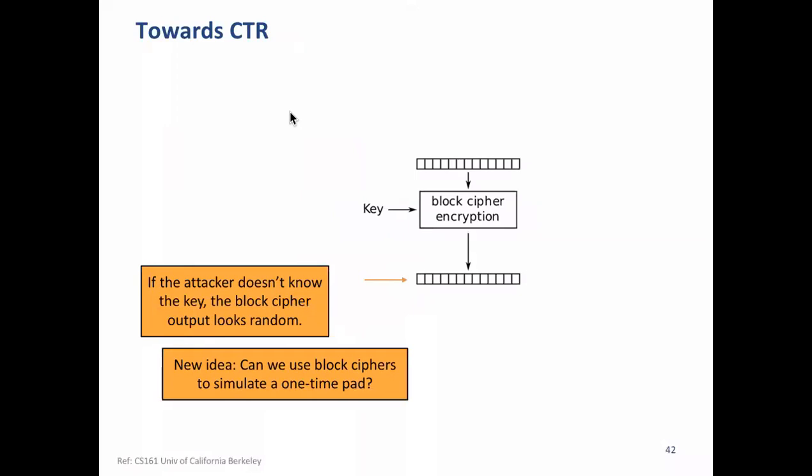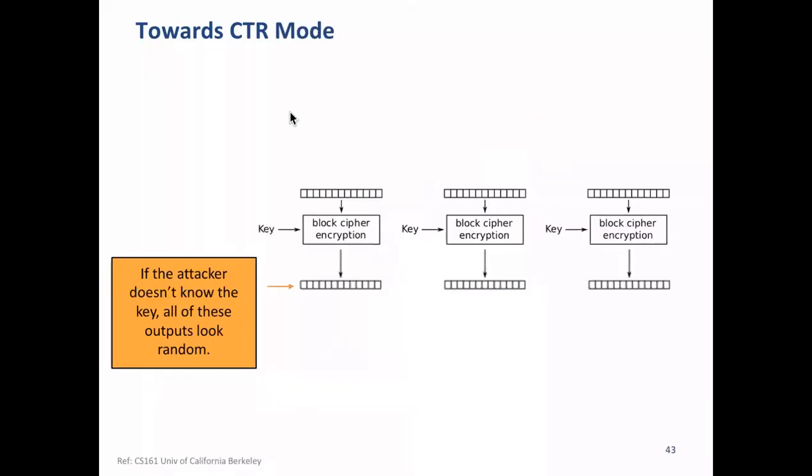This is the normal method. This is the text that we want to encrypt. We use an encryption algorithm, say AES, with a key, and you get this output. Of course, the attacker doesn't know the key, so the output looks random. But it may still reveal some information, as we saw earlier.